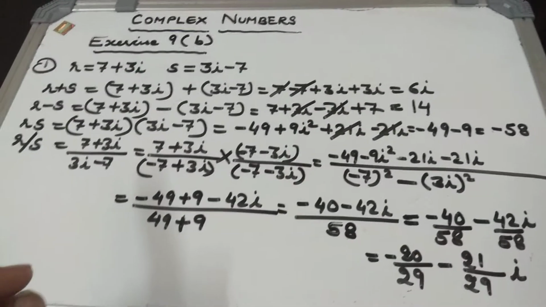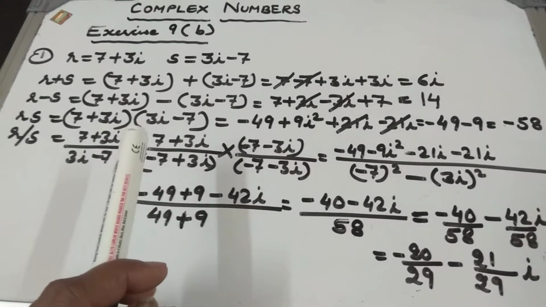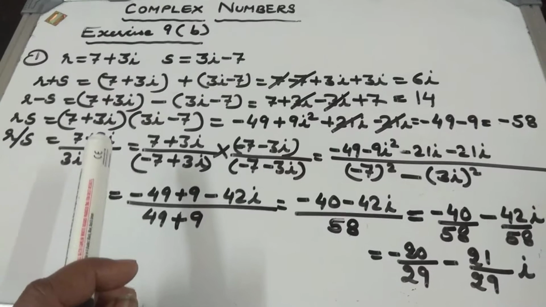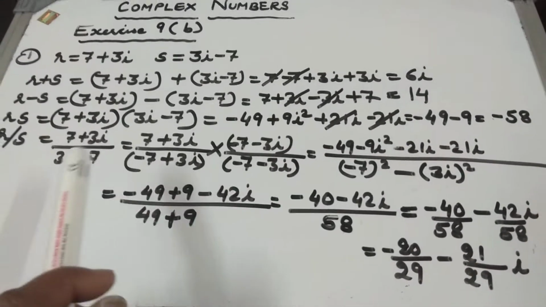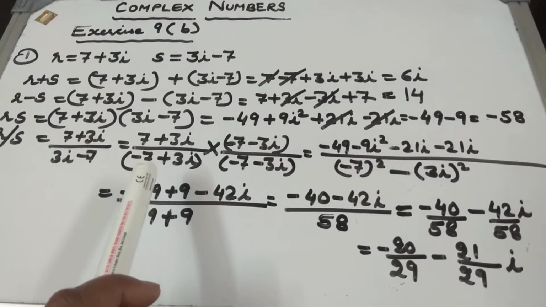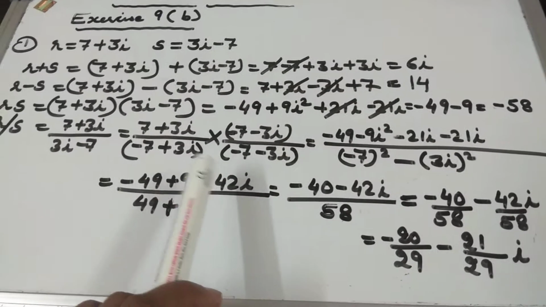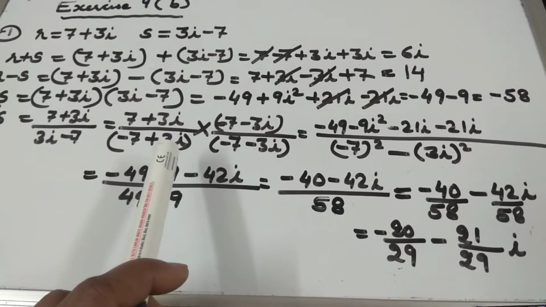So multiplication is also giving you a real number only. Now comes division, which is very important and to be understood properly. Obviously, (7 plus 3i) upon (3i minus 7). I am writing 3i minus 7 with the real part first by convention, then the imaginary part, so minus 7 plus 3i will be the number in the denominator.